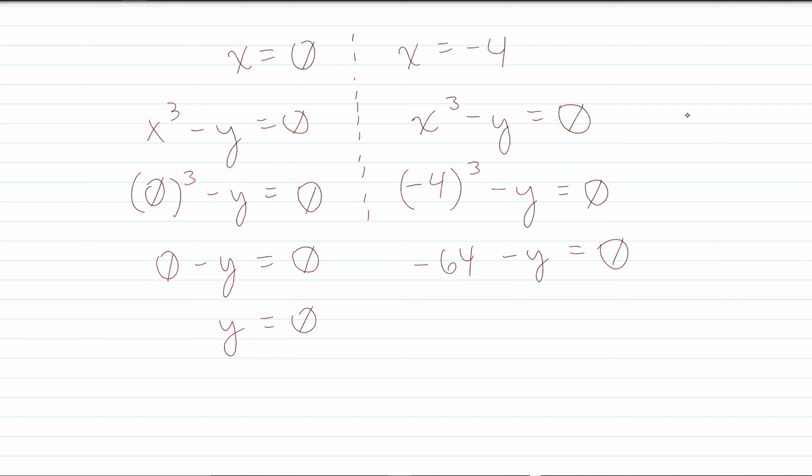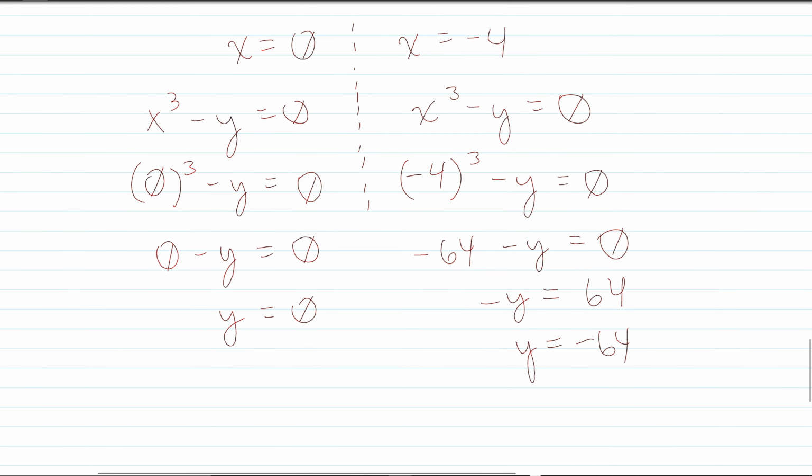Well, we just add 64 to both sides, and we have negative y equals 64. Well, we know we can't have a negative variable as what we've solved for, so we're going to either multiply or divide both sides by negative 1. It's your choice. And then we just get y equals negative 64.